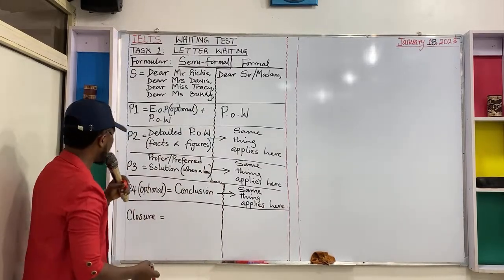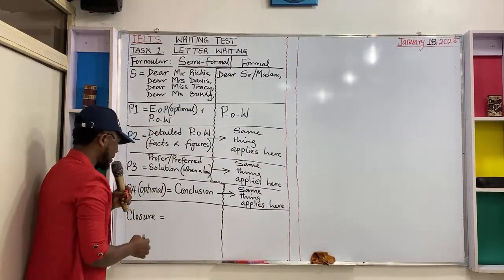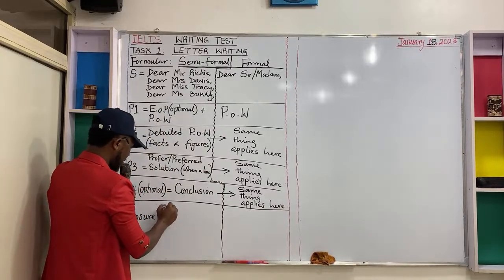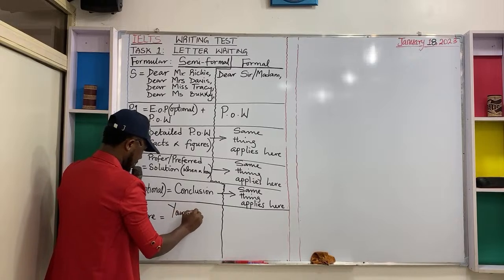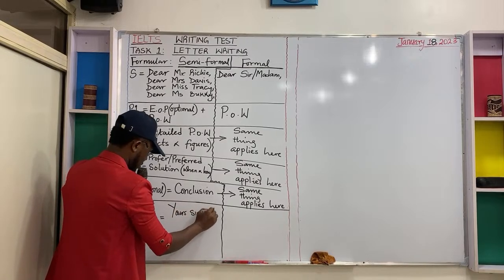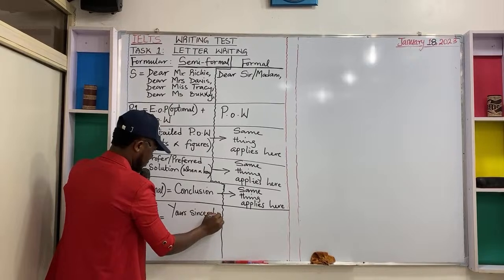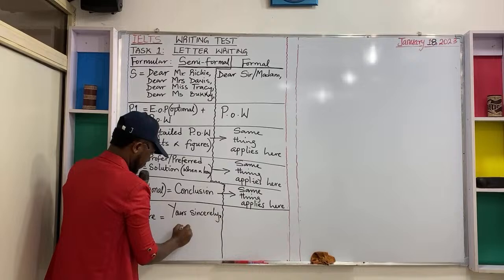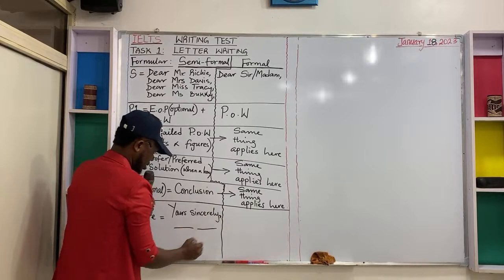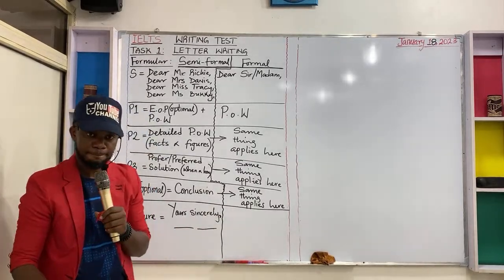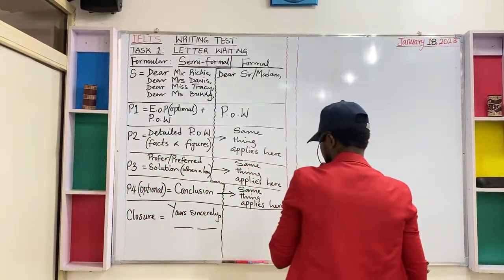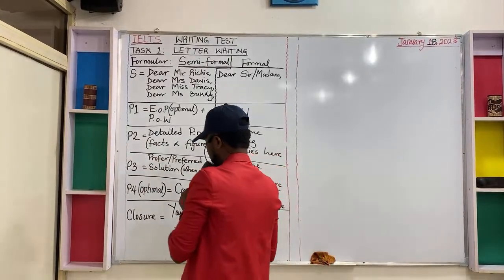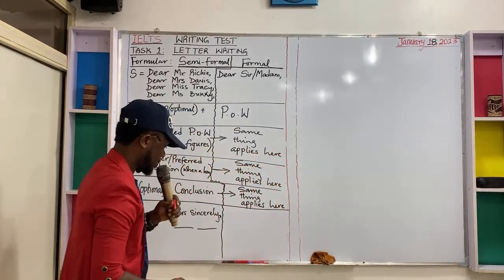Then your closure for a semi-formal letter, it is best to simply say, Yours sincerely, comma, then you bring in first and last name. Yours sincerely, then first and last name for a semi-formal letter.